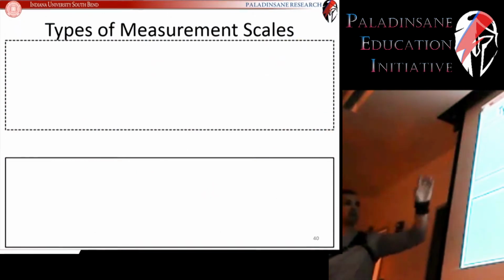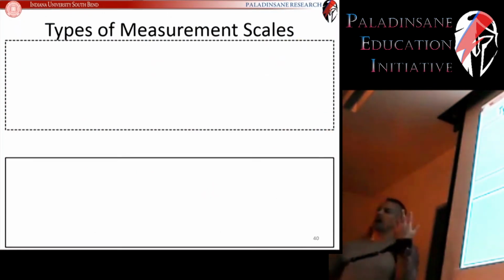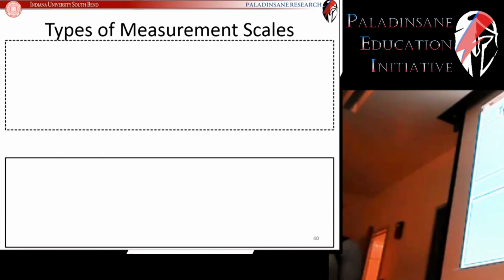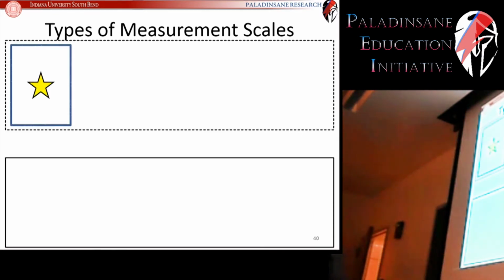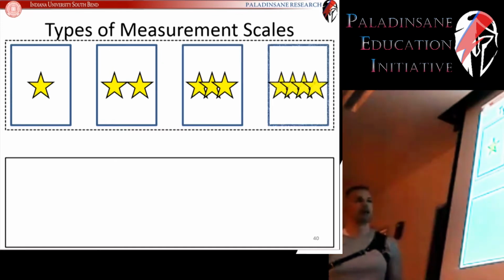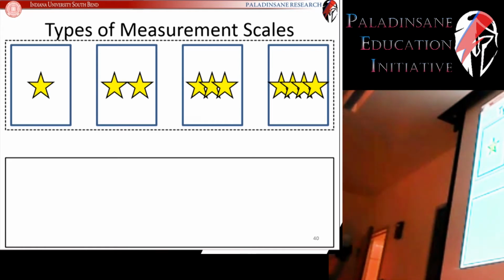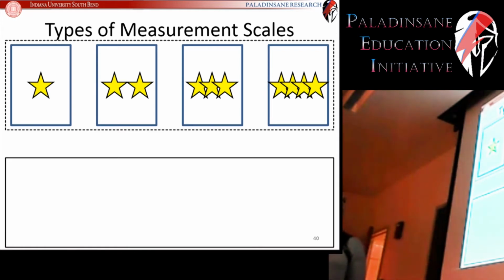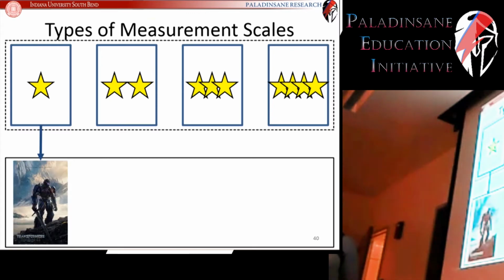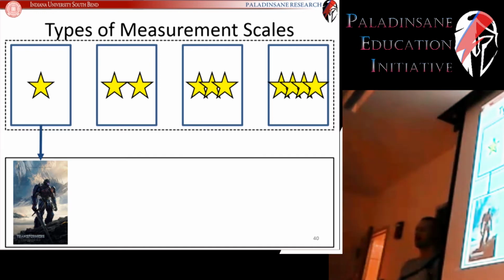So what might that look like in our types of measurement scales? Well, one of the classic movie measurement scales is the star system, right? So we got a 1-star movie, a 2-star movie, a 3-star movie, and a 4-star movie. And what they'll do is assign different stars to movies based on their quality. So Transformers, and these true scores are from Rotten Tomatoes, very low score.